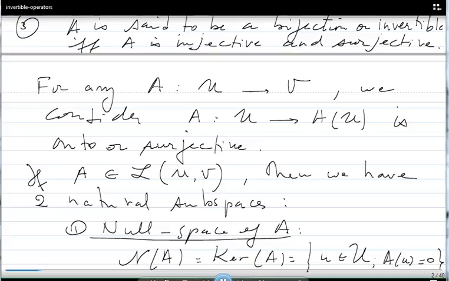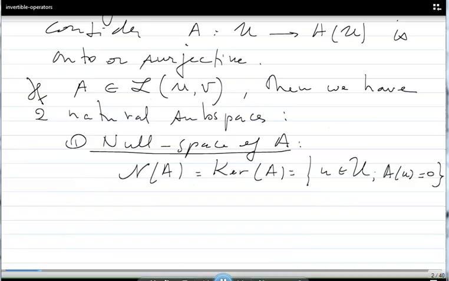And of course, the 0 here is the 0 vector of V. So this is a subspace of U.